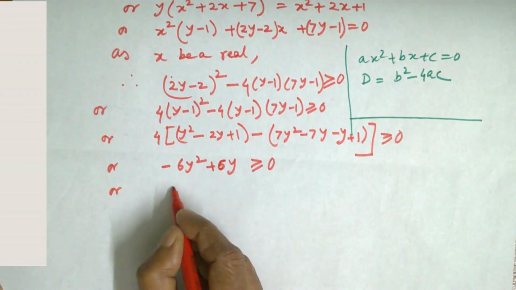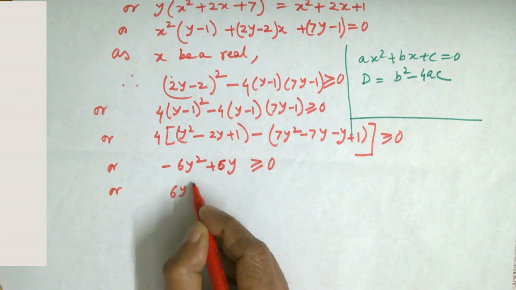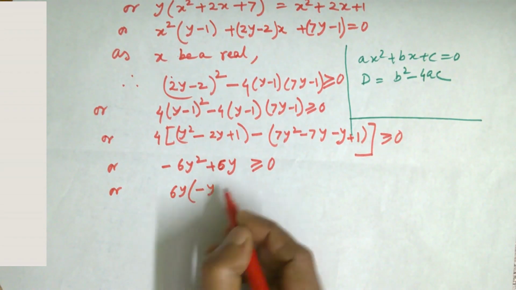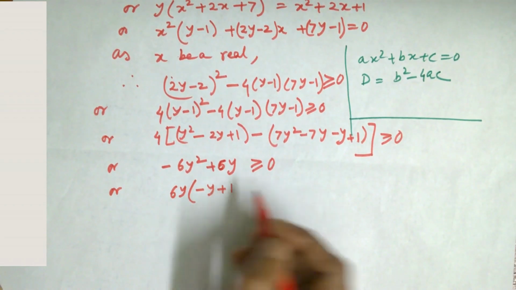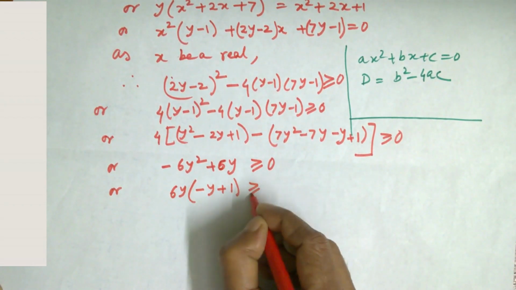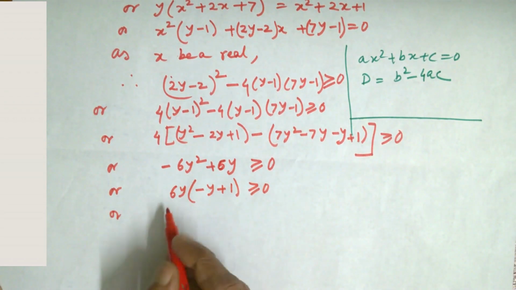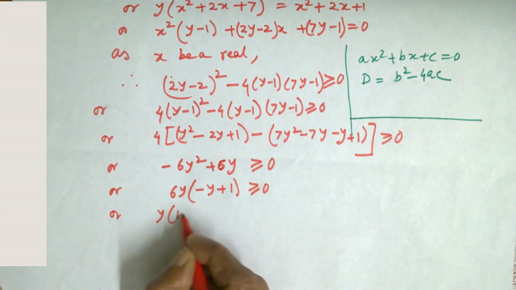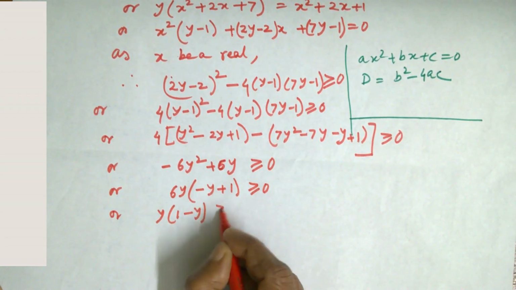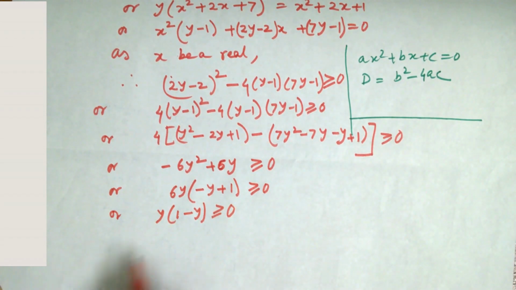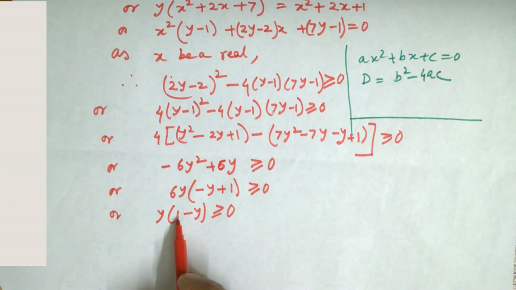Taking out common 6y, we have (minus y plus 1) greater than or equal to 0, or y times (1 minus y) greater than or equal to 0, dividing by 6 gives 0. Now here are two factors, y and another factor 1 minus y.